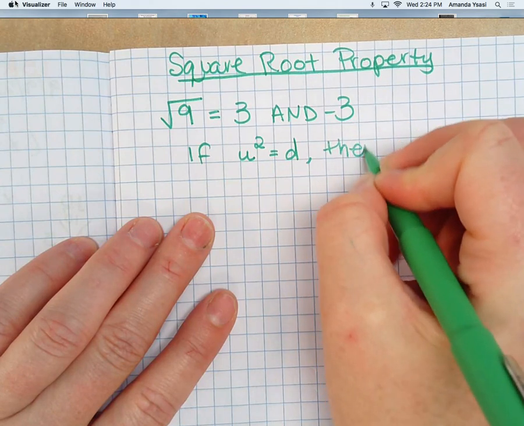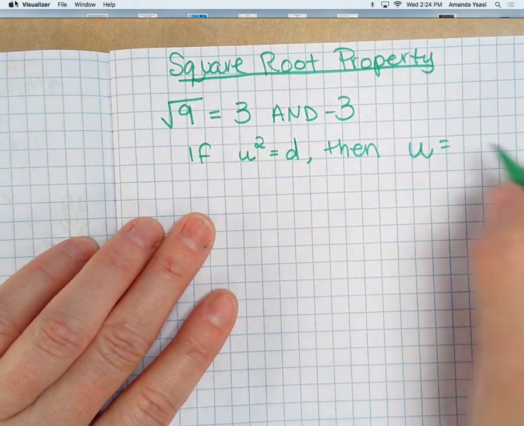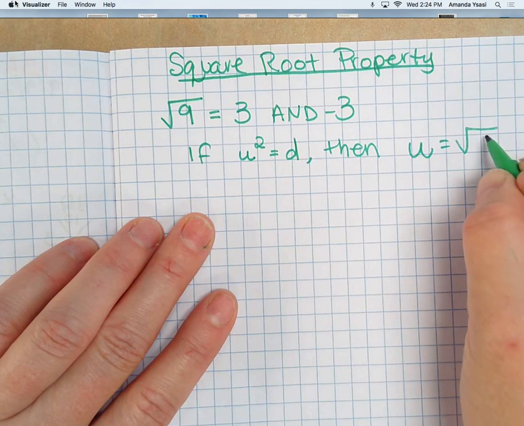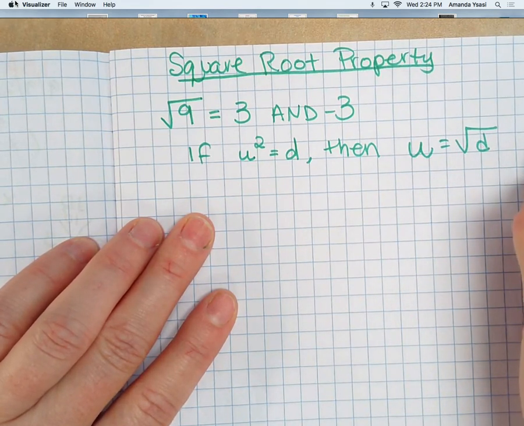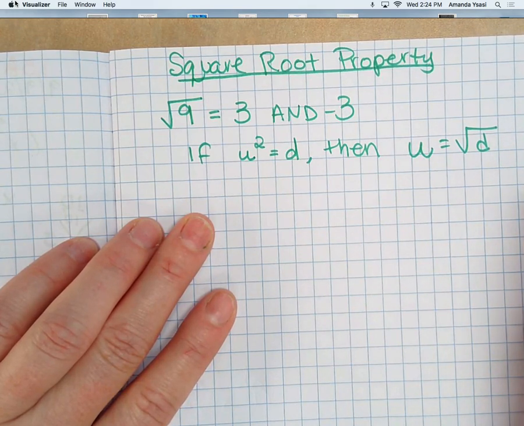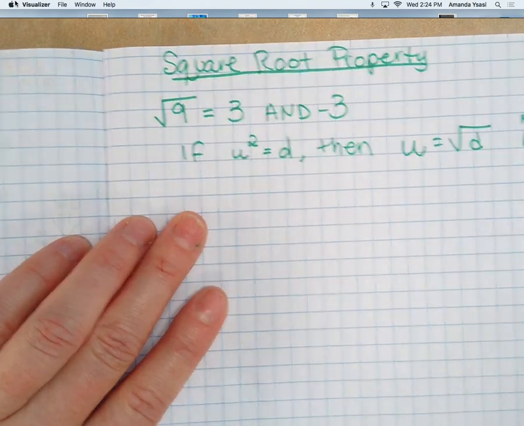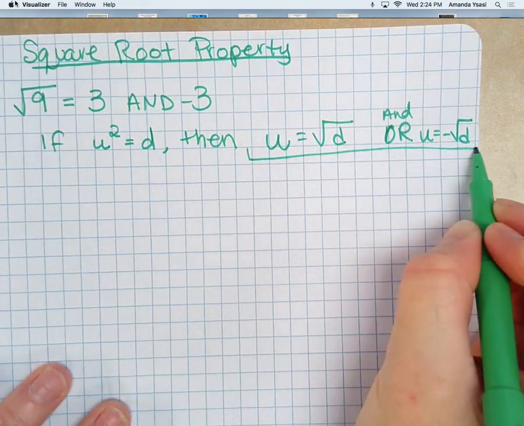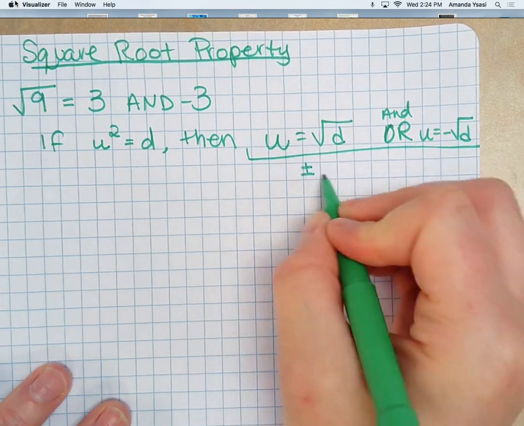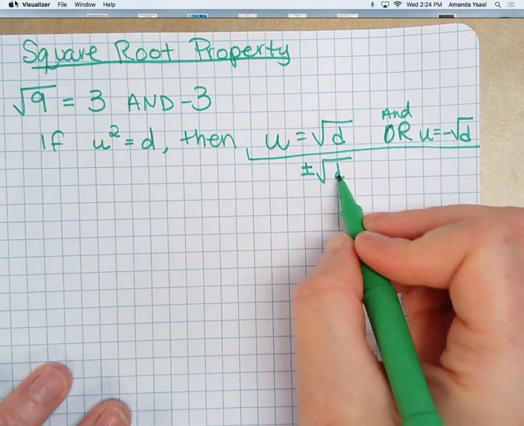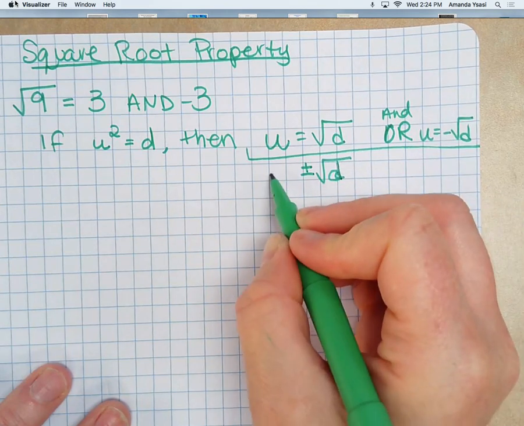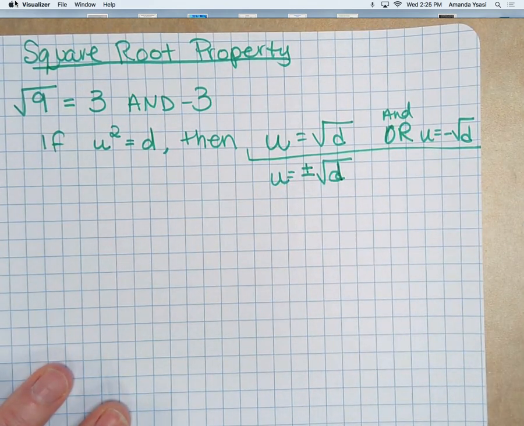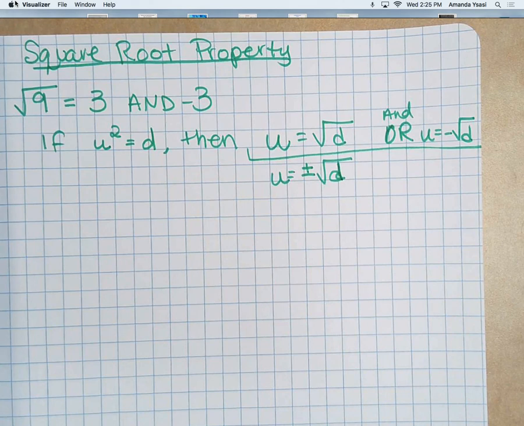So then u equals the square root of d, or, well, it's kind of and or, u equals negative square root of d. Which I could rewrite as plus or minus the square root of d. That means I have two solutions. u equals plus or minus the square root of d.